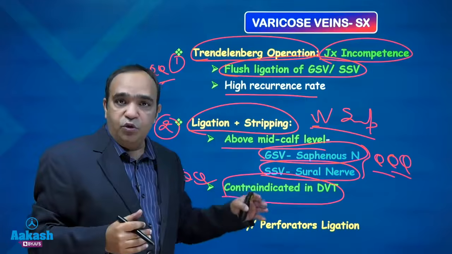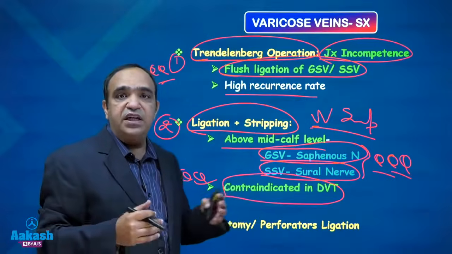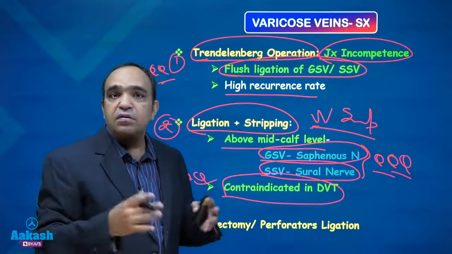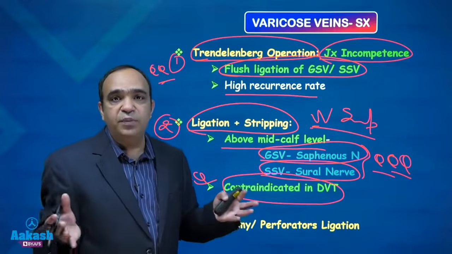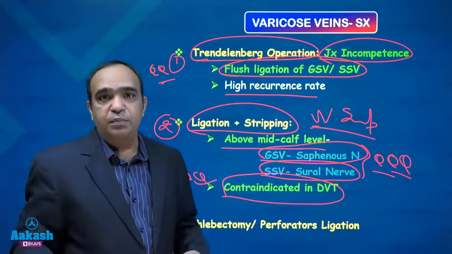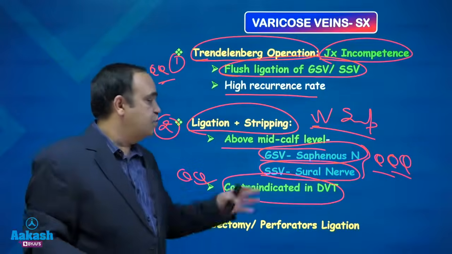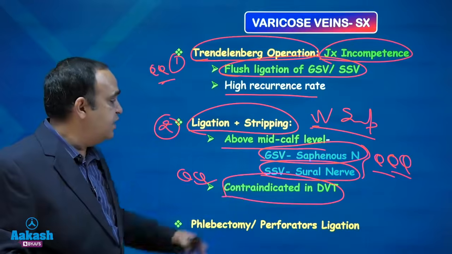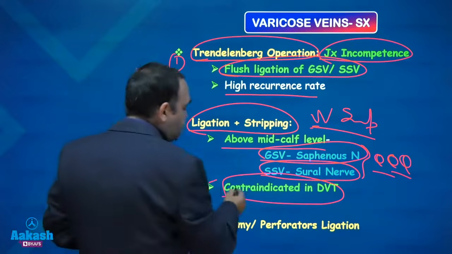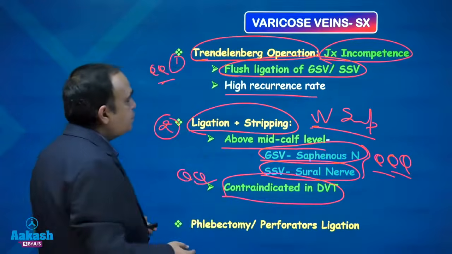So if you remove the superficial veins and deep veins are already blocked, there will be no venous return from the limb, right? So there will be huge venous blood blocked in the lower limb. That we don't want. Patient can go into venous gangrene. So that's why stripping is contraindicated in DVT.